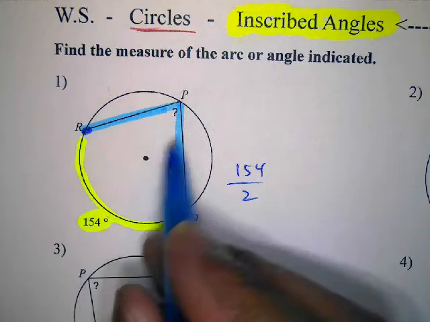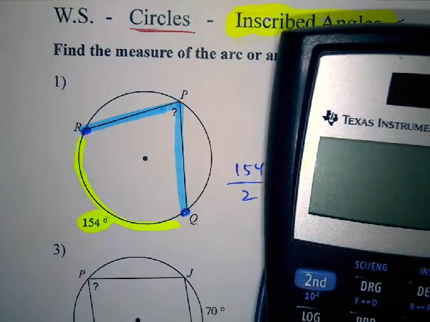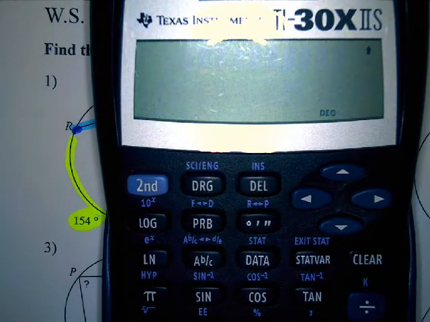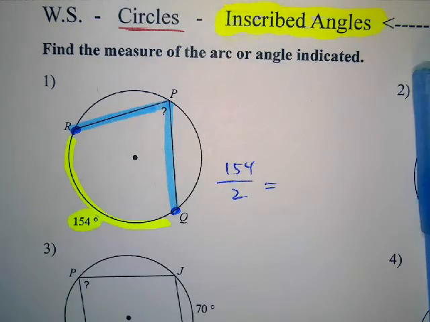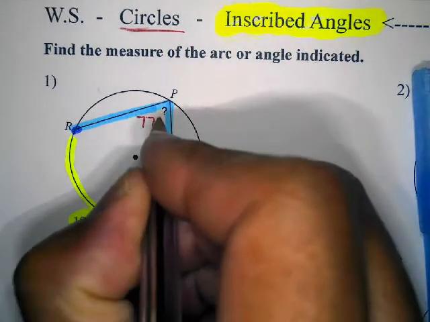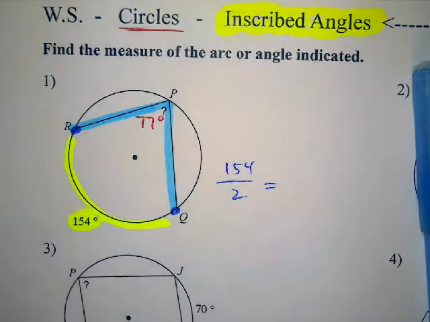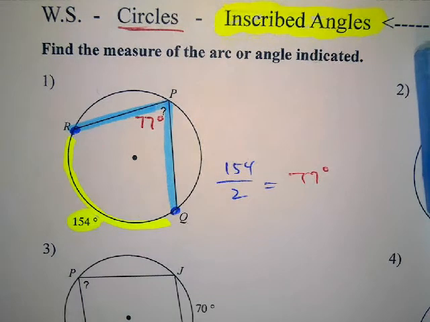This one's the larger one, so this one has to be half of it. 154 divided by 2 is 77. So that means this one's 77. Or if you do 77 times 2, it'll be 154, right? Okay, that's how you do it.